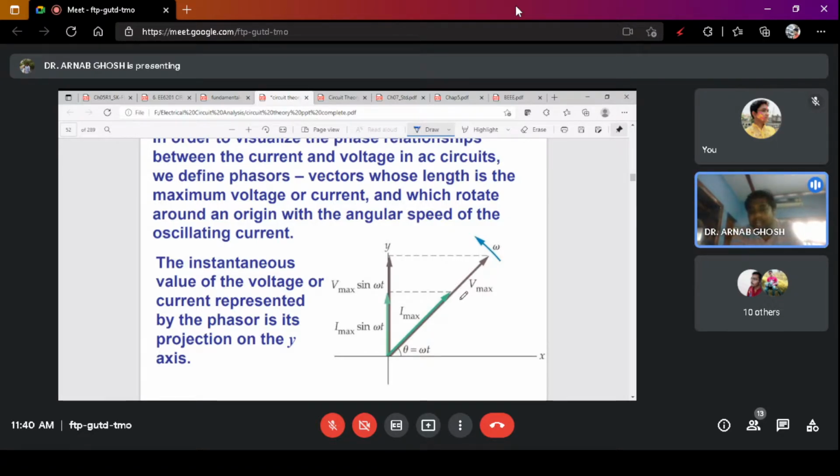So both these Imax and Vmax vectors are rotating with the same angular speed, and this is the value of Imax sine omega t and Vmax sine omega t. These two are in phase with each other. And what is the angle theta? Theta is equal to omega t.